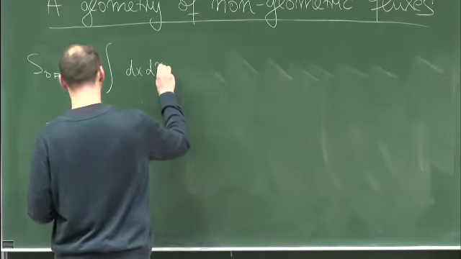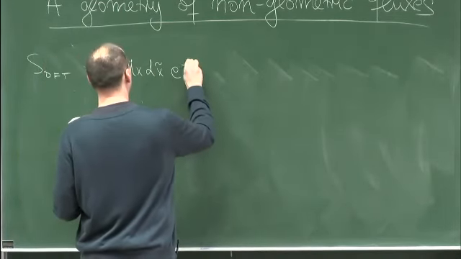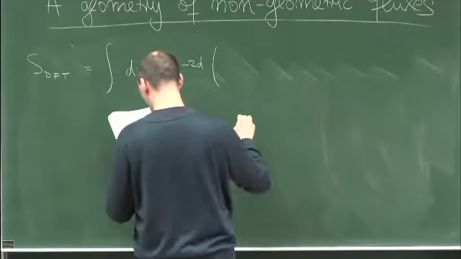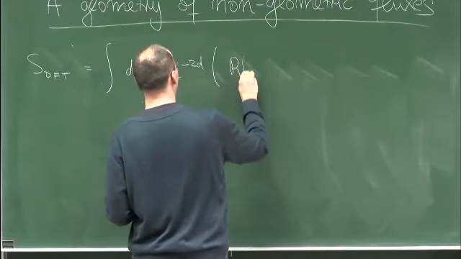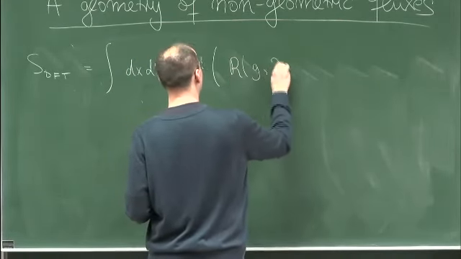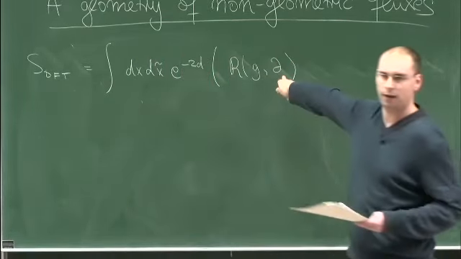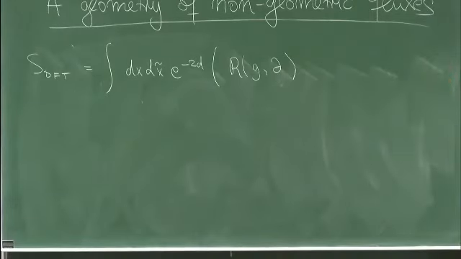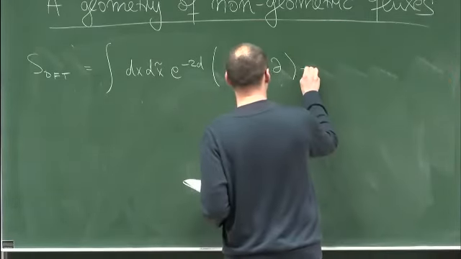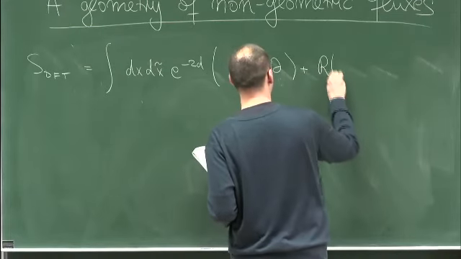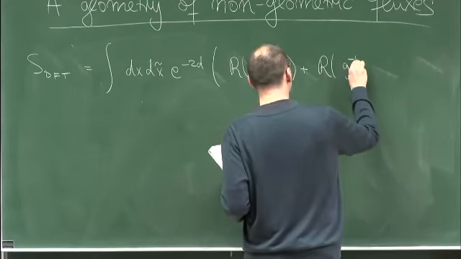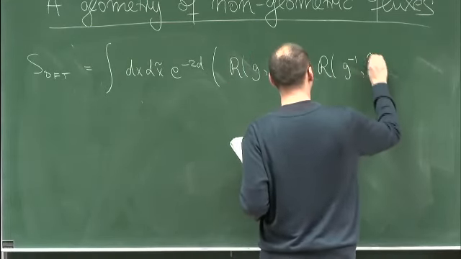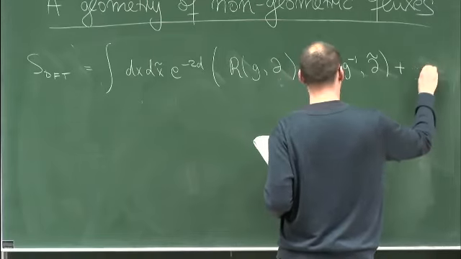Suppose I keep all derivatives. Then the action will look as follows. I told you there's an Einstein-Hilbert term, so I wrote it like this. The Einstein-Hilbert term is the standard one with respect to the standard metric G. But if I keep all derivatives, there's also a second Einstein-Hilbert term now. And this one will be with respect to the inverse metric and with respect to the tilde coordinate.